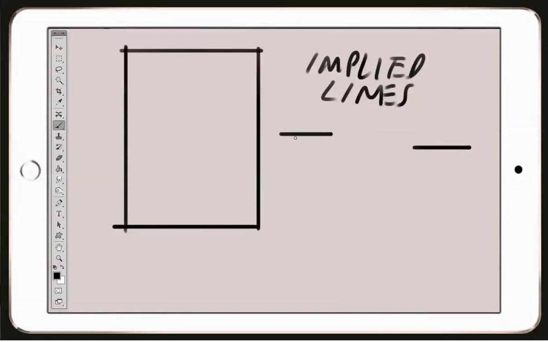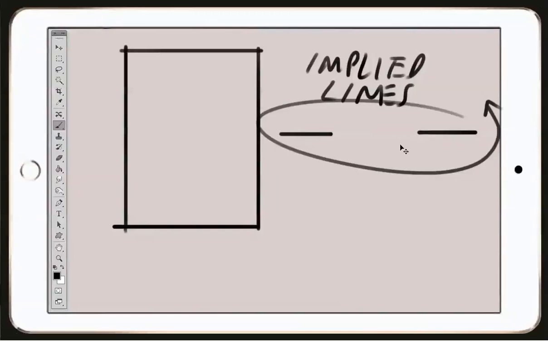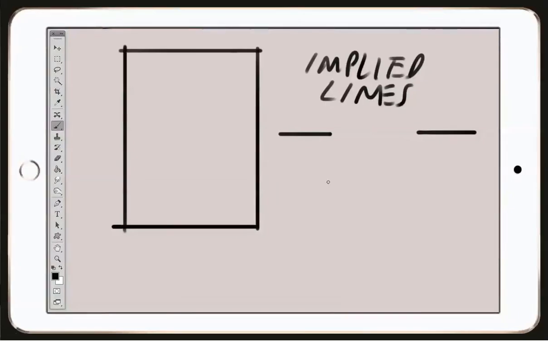So you don't get that feeling of a line continuing into another line. That only happens if the lines are lined up like this. What you also need to know about implied lines is that implied lines are not just made this way, but let's say I quickly do this little rough sketch of some kind of robot maybe.